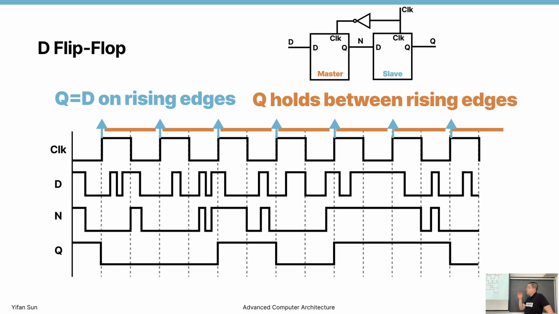After that, during the whole cycle, the Q value will stay there and will not change. Q will follow D only at that moment. After that, Q will hold between the rising edges.